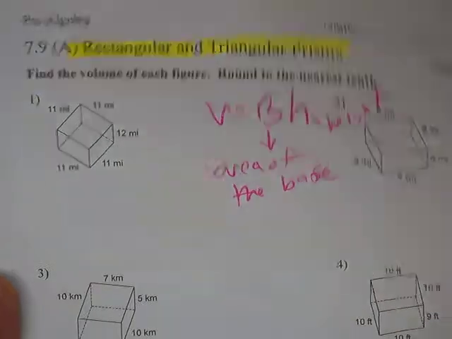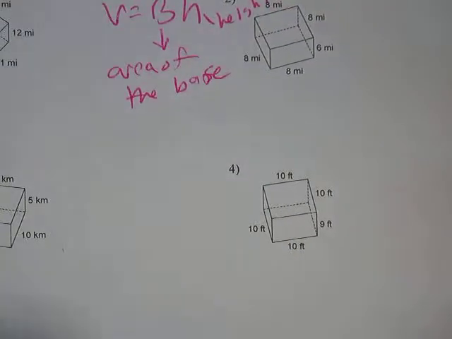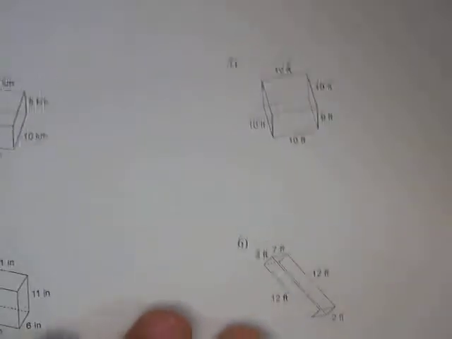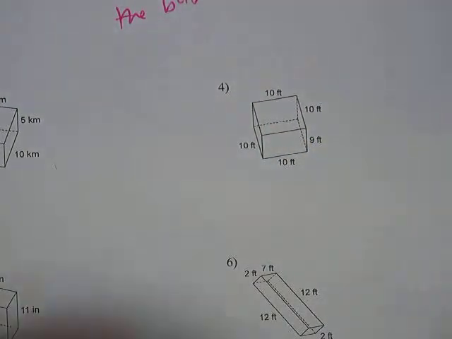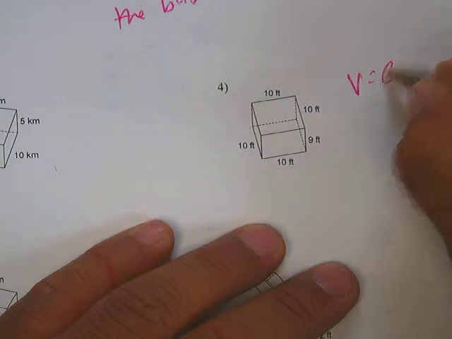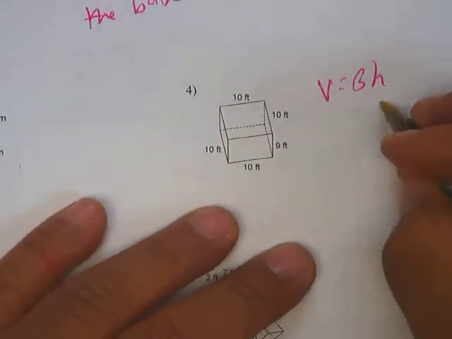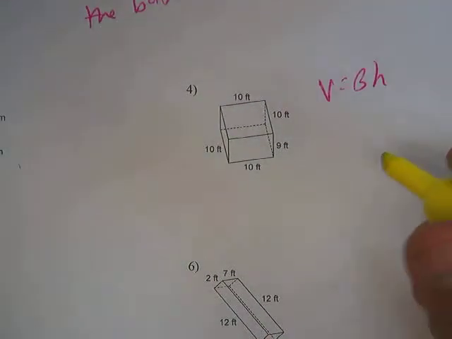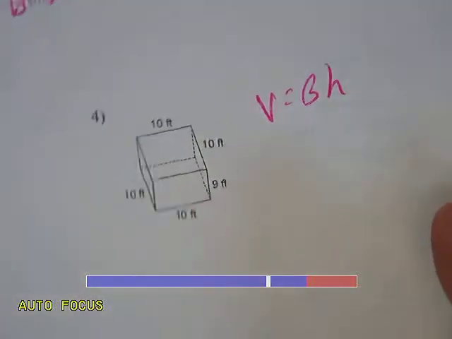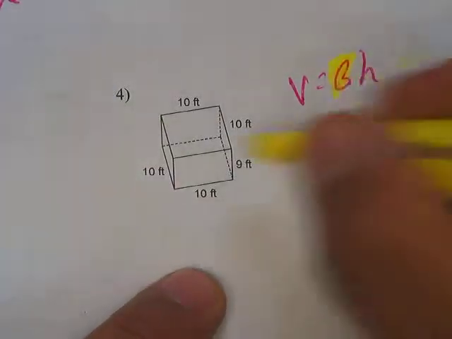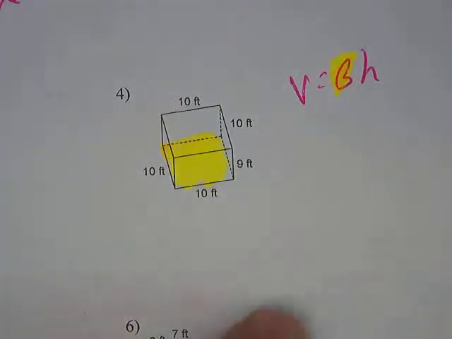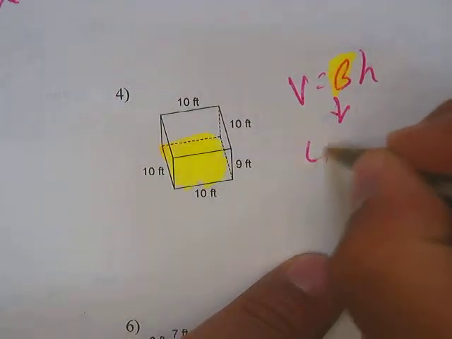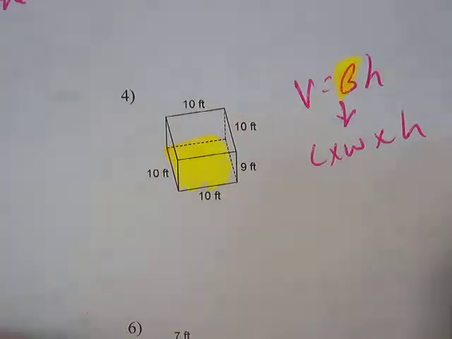So I'll do a few of these, like number 4. Okay, now if capital B is the area of the base, this means that I look at my base there, and the base happens to be a rectangle. I can see that, and so then that means that this is actually length times width times height.